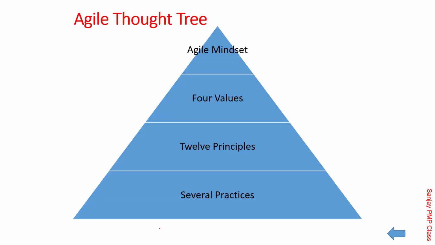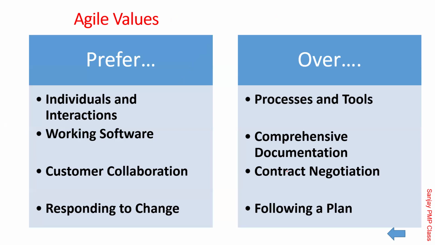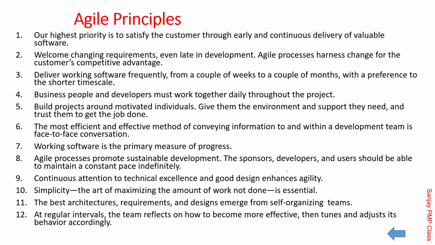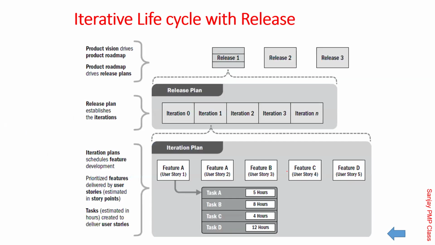Agile has core values, 12 principles, and several practices, the most important being Scrum. At the top are the product vision and product roadmap. Below that you have multiple releases.